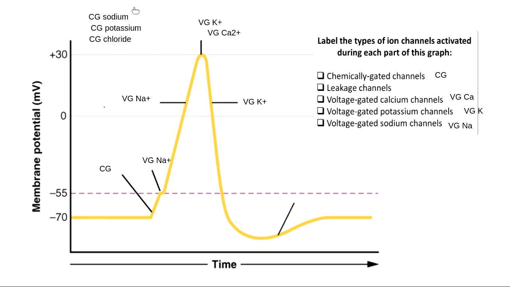Can anyone remember what happens when a whole bunch of calcium comes inside that neuron? Yeah, Carrie's mentioning my neurotransmitters. Can we be more specific with the neurotransmitters? How does calcium relate to neurotransmitters? When calcium rushes in, calcium enters.